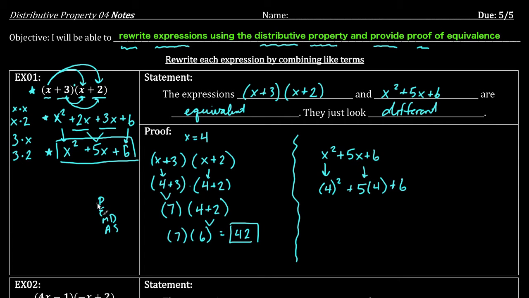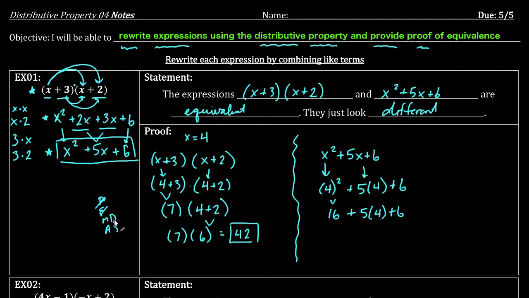Okay, so everything inside of parentheses is done. There's nothing to do here. We have exponents right here. Remember, this is not 8. This is not 4 times 2. This is 4 times 4, which is 16. Plus 5 times 4 plus 6. So we're done with the parentheses and the exponents.